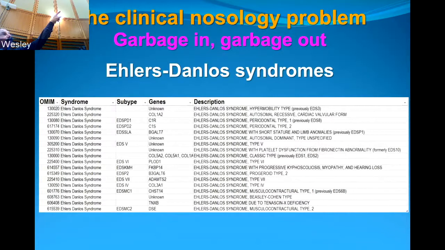And you can see that under 130000, there are 3 different genes that represent that syndrome. And one would normally expect those should be split out and each have their own syndrome identifier because they're really different genetic diseases. So we'll be talking quite a bit about this, I think, tomorrow.